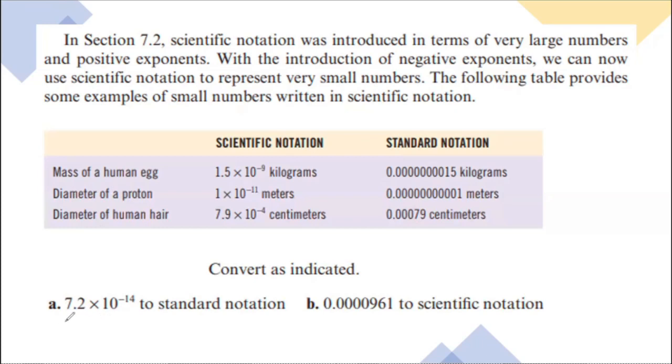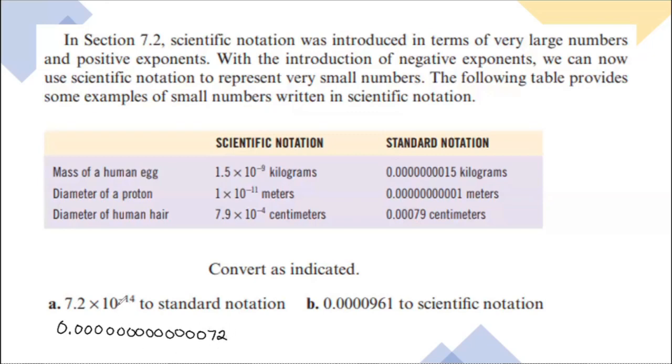So, pwede tayong magbilang. Lagyan lang natin siya ng 0 point. Tapos, bilang tayo ng 13 times na 0. Mag-add tayo ng 13 times 0. 1, 2, 3, 4, 5, 6, 7, 8, 9, 10, 11, 12, 13. Then ilalagay na natin yung 7 kasi pang 14 na yan. 72.